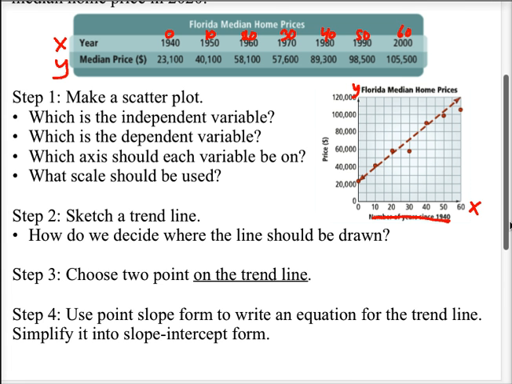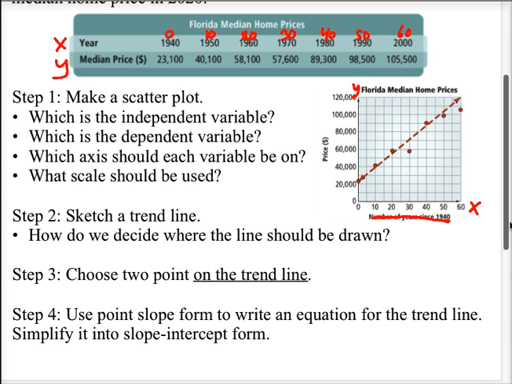All right. So then after you plot all the points on the scatter plot, you would sketch your trend line, which I did on the previous slide, and they've already done here for you. And now, if you want the equation of that trend line, what you want to do is choose 2 points that are actually on that trend line.